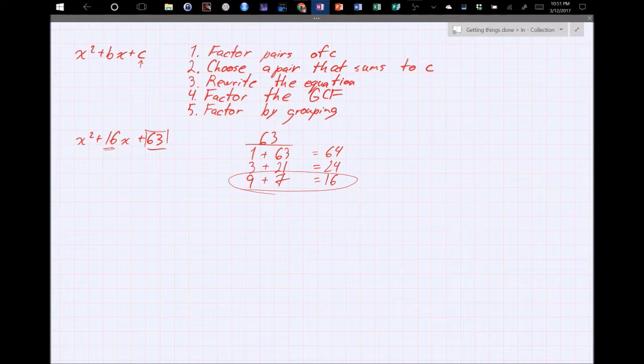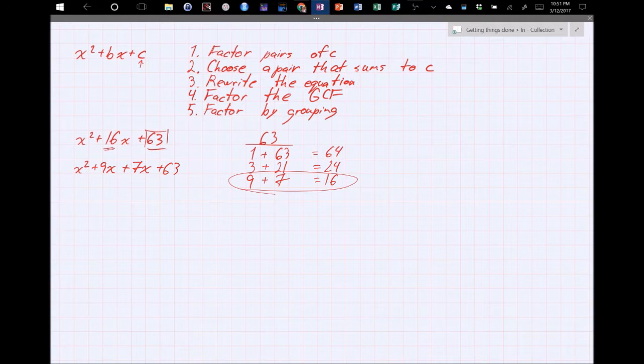So this is our step 2. Now, step 3, I'm going to rewrite the equation, and this is how I'm going to rewrite it. X squared plus 9x plus 7x plus 63.